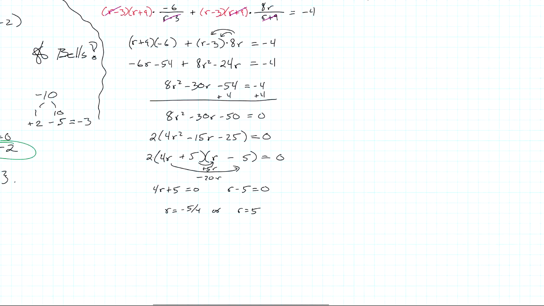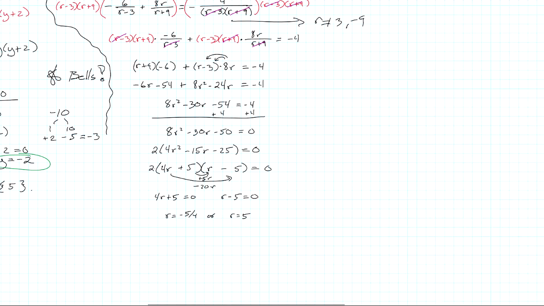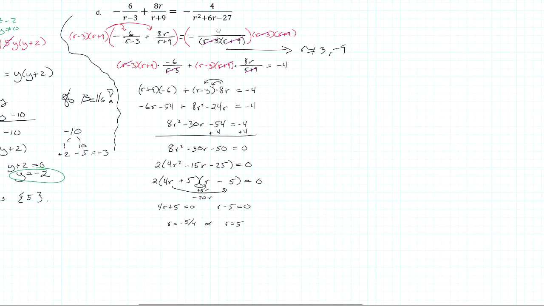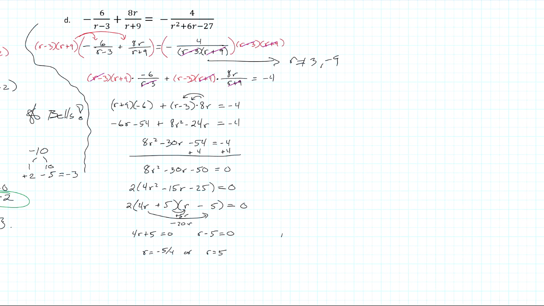Double checking, that was not one of the numbers that r could not be in the original equation. Now we can conclude with the solution set is the set with both of these numbers, negative 5/4 and 5 in it.